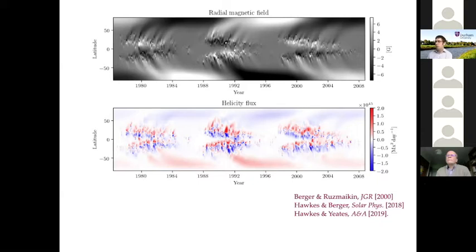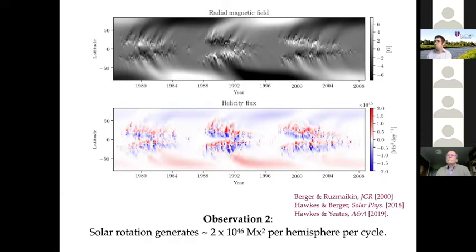When you do the calculation, you find something of the rough order of 2 times 10^46 square Maxwells per hemisphere per cycle injected by solar rotation. So it's more than we measured in the young active regions, but the same order of magnitude. So this component is certainly important, and it's dominated by the sun's rotation, and in particular its differential rotation.